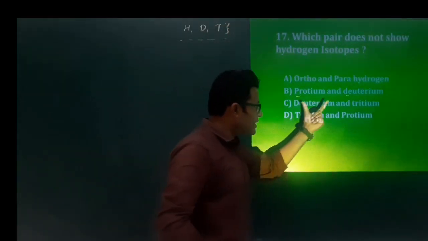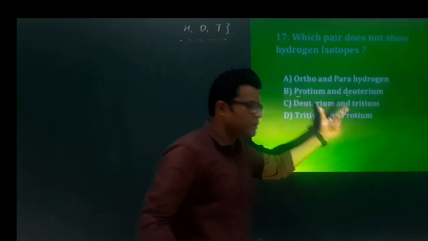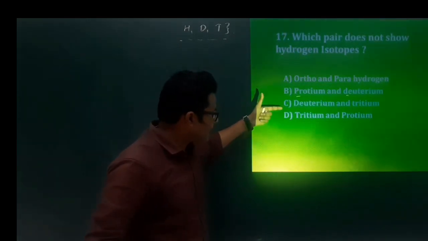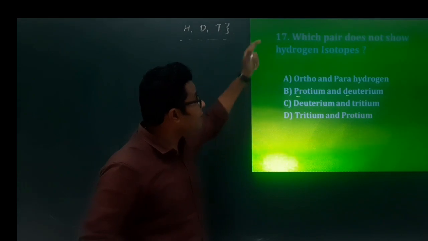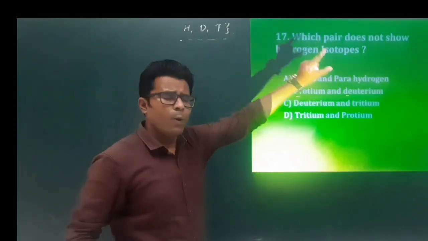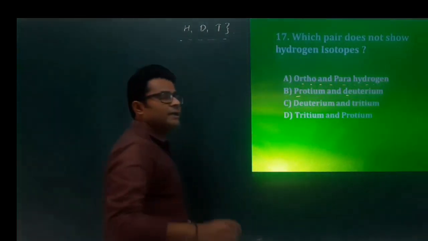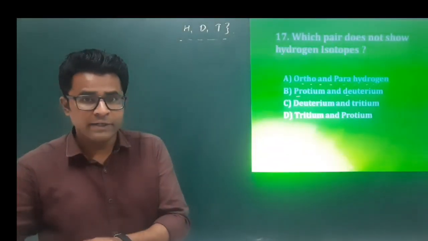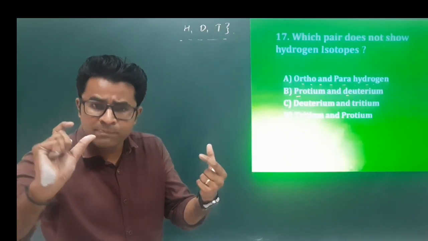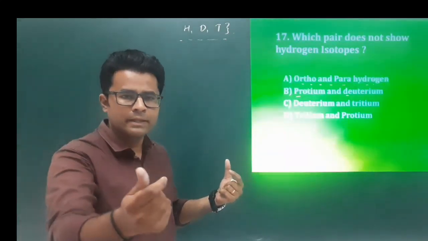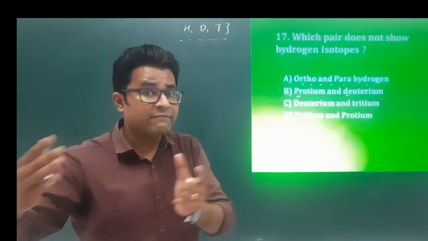So B, C and D are all isotopes of hydrogen. While ortho and parahydrogen are the allotropes of hydrogen, which differ by the spin of the proton. We have an ortho spin and a para spin.